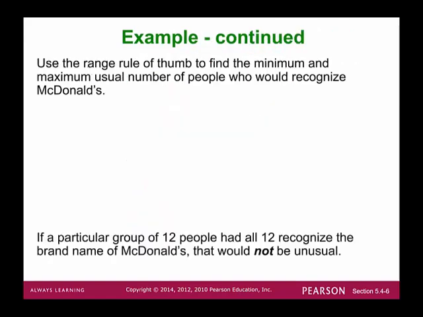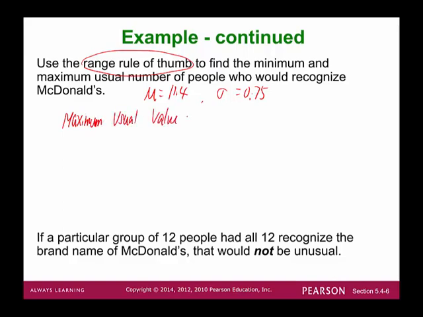So now use the range rule of thumb to find the maximum usual value of people who recognize McDonald's. Again, mu equals 11.4, sigma equals 0.75. Okay, so now the maximum usual value equals mean plus 2 standard deviations.